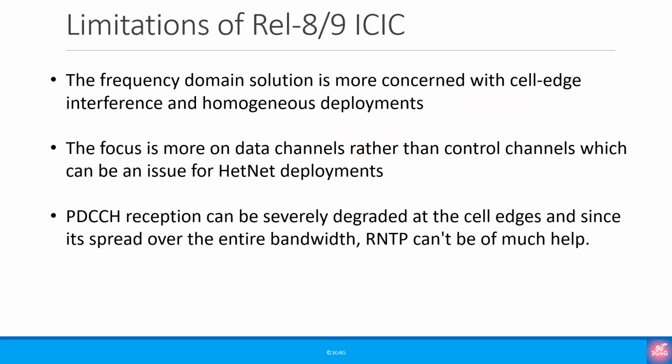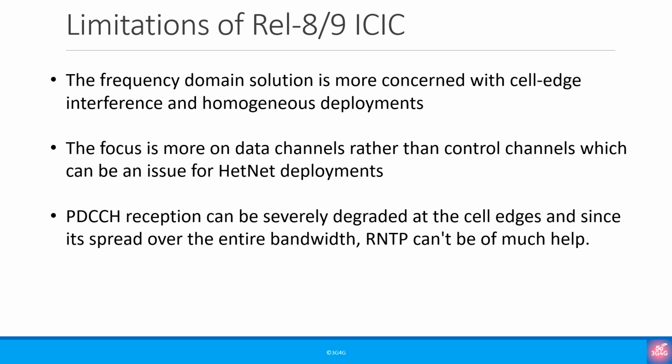ICIC defined in 3GPP release 8 and 9 was defined with homogeneous macro cell deployments in mind. It provides only relatively simple means for ICIC and fails, for instance, to address mechanisms to improve intercell interference on control channels, that is, the PDCCH, the PHICH and the PCFICH.